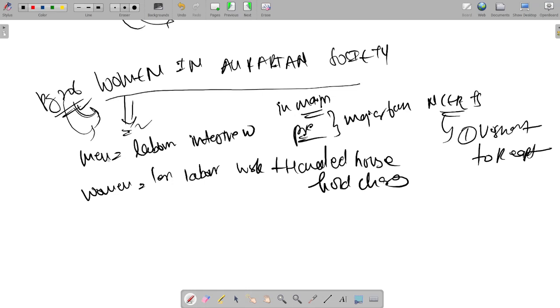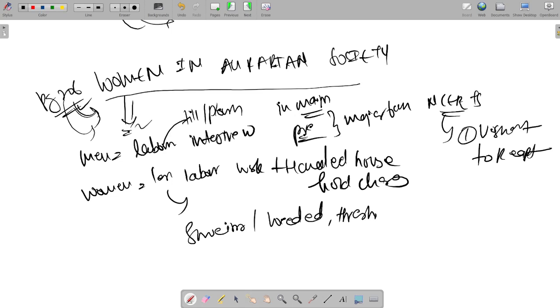Labor such as tilling and plowing was done by male members of family and agricultural laborers, while things like sowing, weeding, threshing, winnowing were done by females.